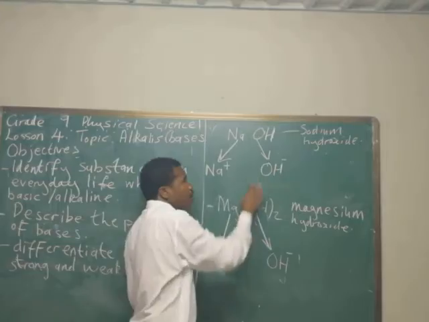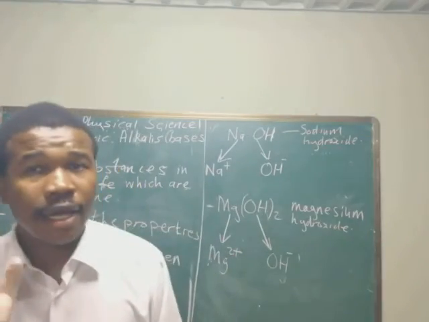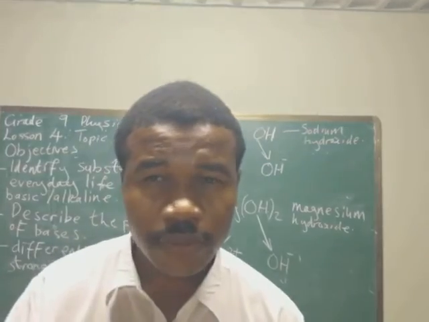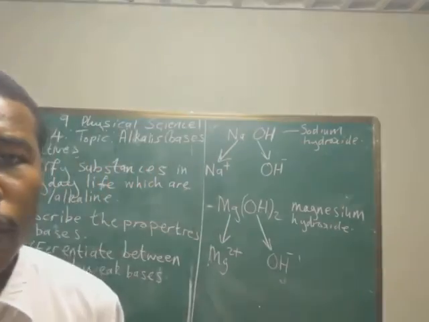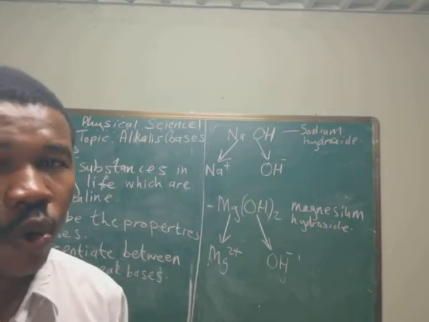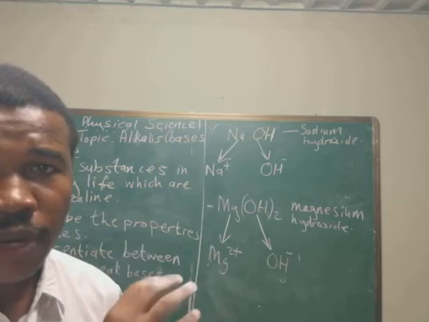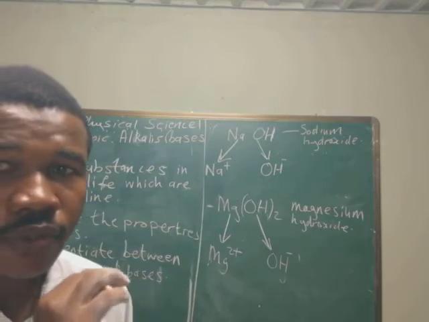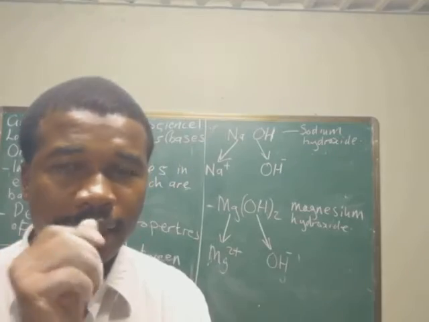And then this hydroxyl, a combination of oxygen and hydrogen, 1 oxygen atom, 1 hydrogen atom, is a hydroxyl ion, right? So the hydroxyl ion is OH minus. So that is the composition of that base, sodium hydroxide, and it breaks down into Na+ and OH minus.